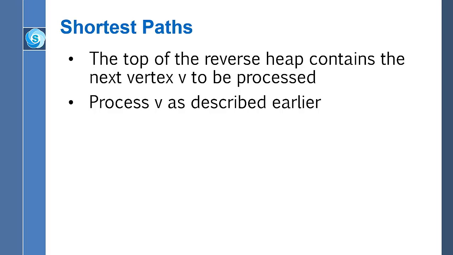If a neighbor has U dot d equal to infinity, then we'll be seeing that vertex U for the first time. We'll be discovering it, and therefore we will definitely change U dot d, and we'll put that newly discovered vertex U onto the heap. Okay, that's important.